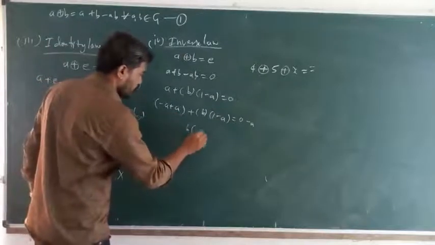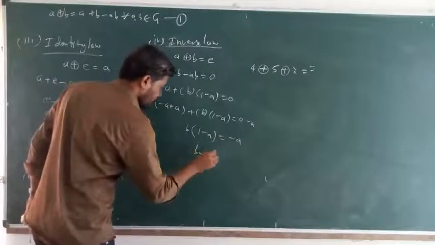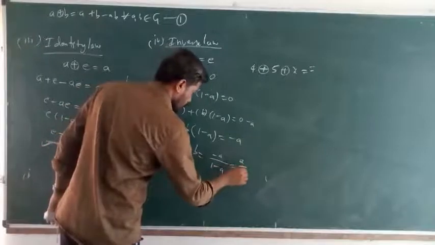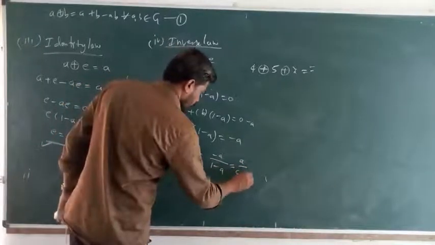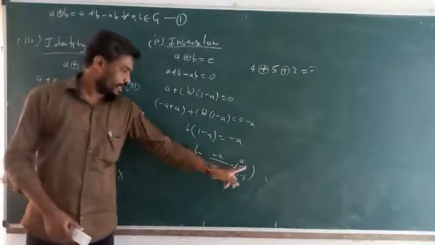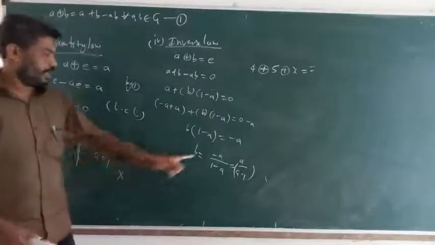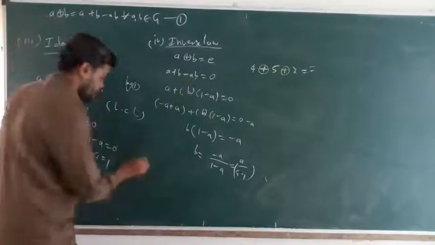So only B times (1 minus A) is equal to minus A. Total B is equal to minus A over (1 minus A), nothing but A over (A minus 1). This is the inverse element. B is equal to A by A minus 1. A by A minus 1 is the B value, the inverse of this A.